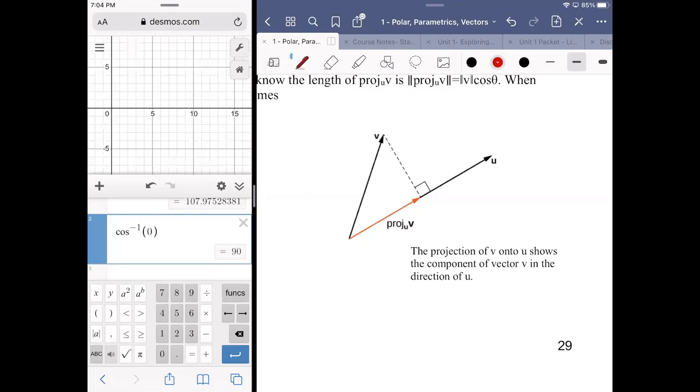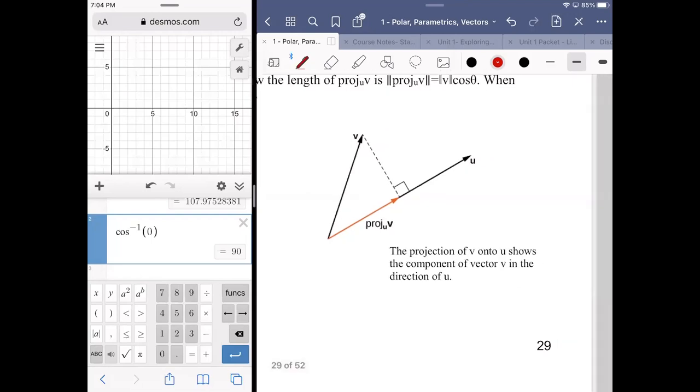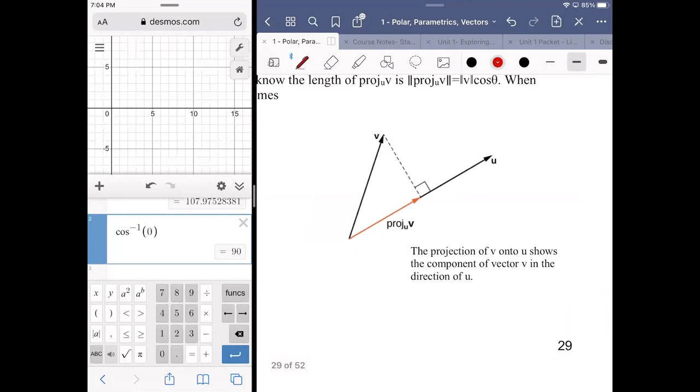So what we're going to do is figure out what that means algebraically, because regardless of how long that line is, I'm always going to be able to drop an altitude from the tip of v. That altitude is going to form a right angle with the other vector.